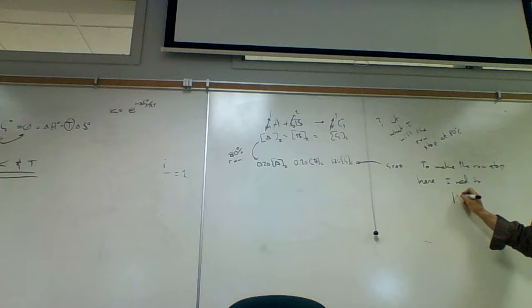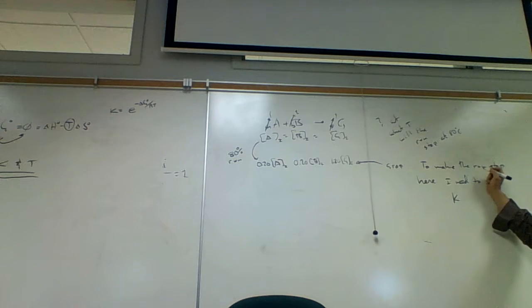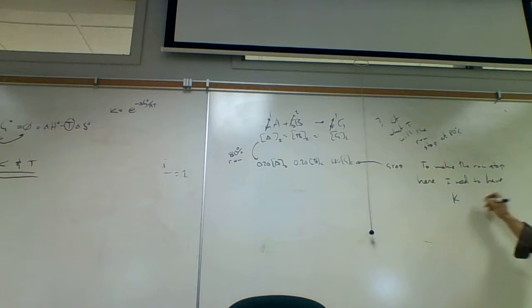So I need K to equal this. It's got to equal 1.20 G initial, products over reactants, 0.20 A initial, 0.20 B initial.